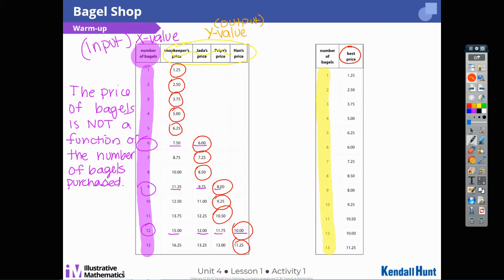And we write our sentence as y is a function of x. Okay, and we're talking about our x and our y like an xy table. So over here, we would say the best price is a function of the number of bagels.